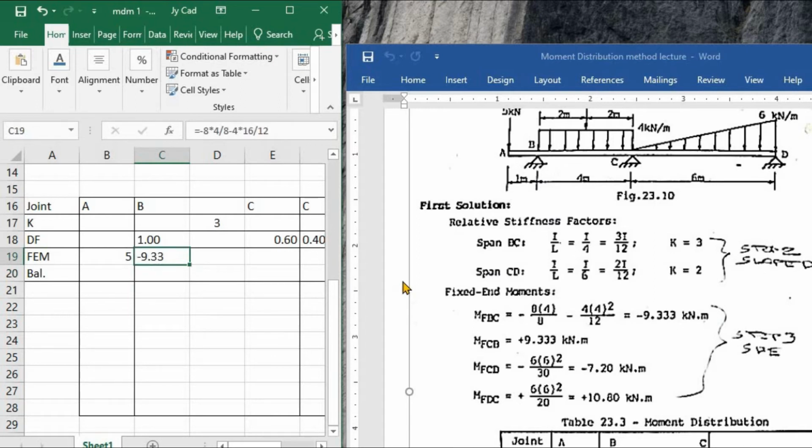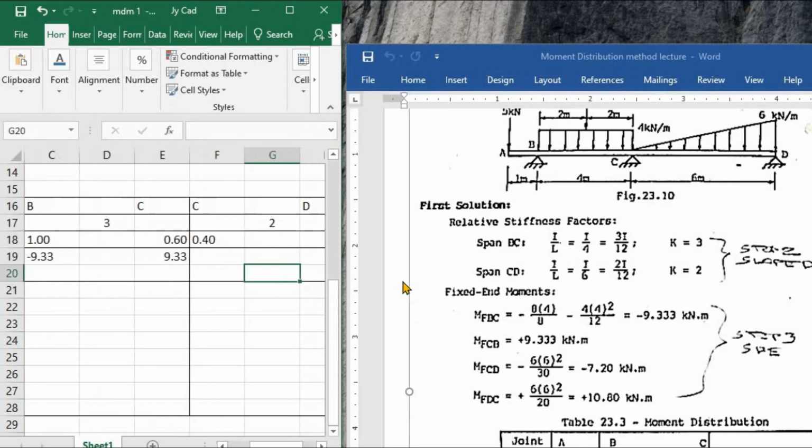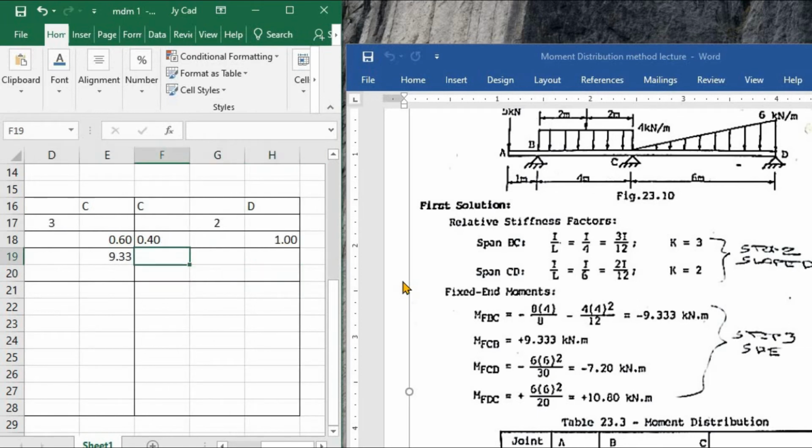So all I have to do now is probably copy. Palitan ko lang yung, instead na negative, gawin ko positive tsaka plus. Pwede rin yan. Next, for section CD, that is equal to negative 6 times 36 divided by 30. And then here for DC, you have 6 times 36 divided by 20.